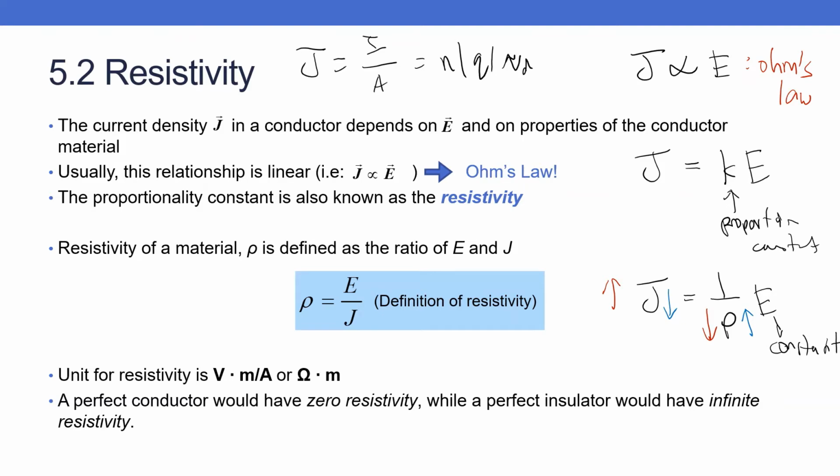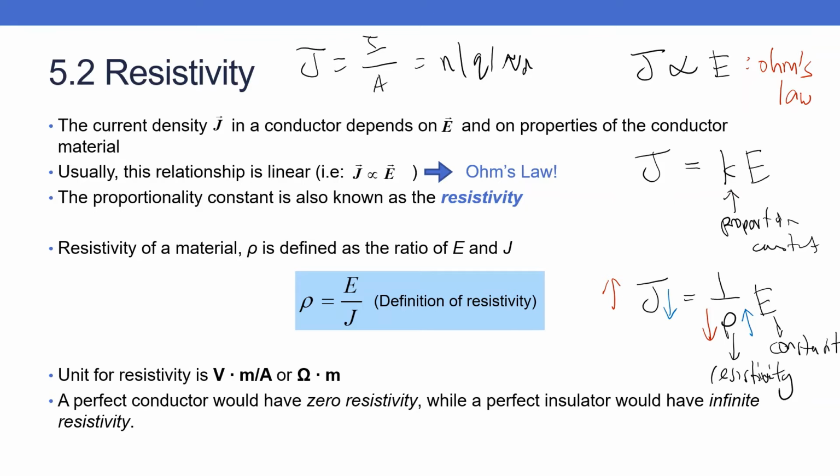So rho is actually something that resists J. If we increase the resistance, then J will go down. So this is what is referred to as resistivity. Rho is what we call resistivity.